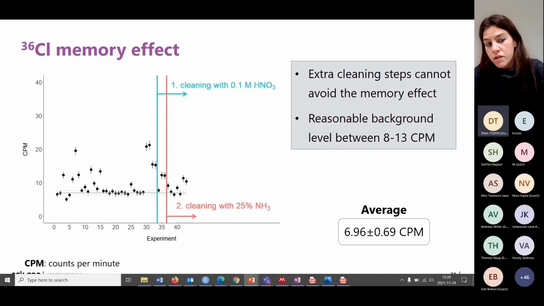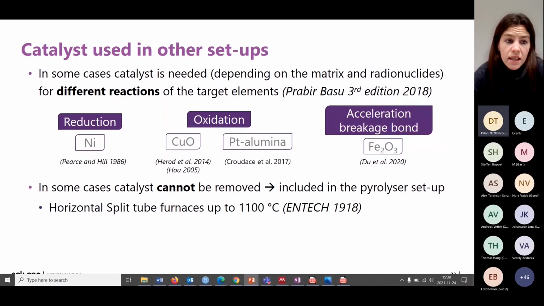Another thing that we tested was using a catalyst on the last zone of the pyrolyzer, because in the literature it's reported that depending on the matrix and on the target radionuclides, different reactions are needed. So in case of needing a reduction, a nickel catalyst could be used.